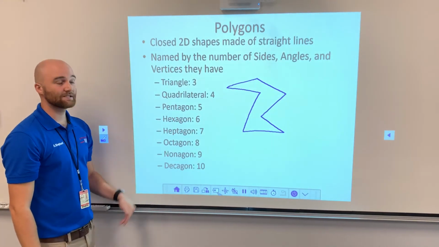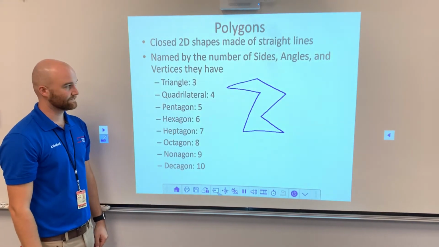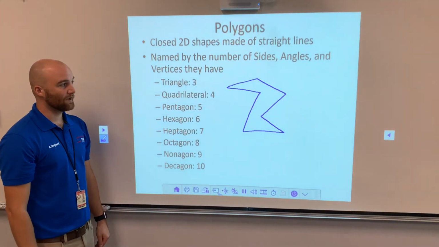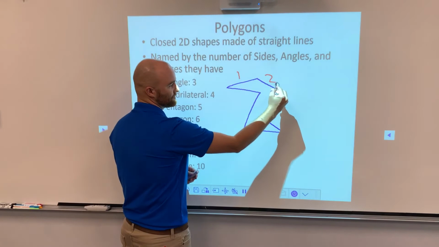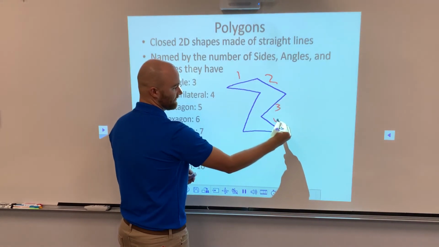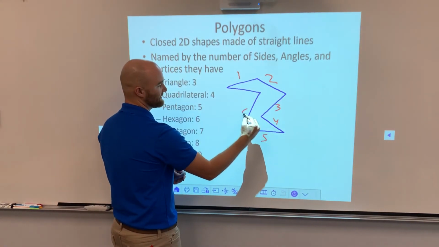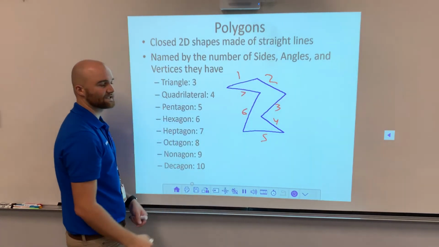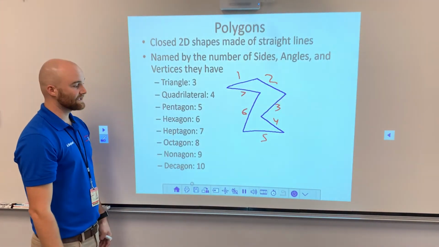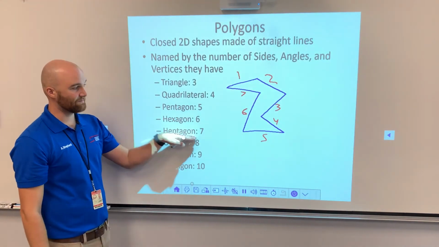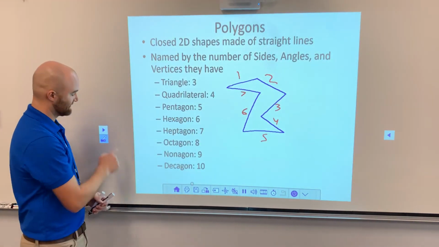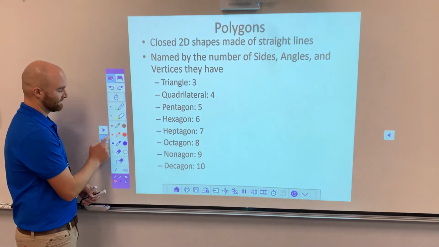Look down our list and see what kind of polygon it is. Well, if I count up the sides, I've got 7 sides. If I see 7 sides, I look at the 7 number, and that's a heptagon. This is a heptagon.